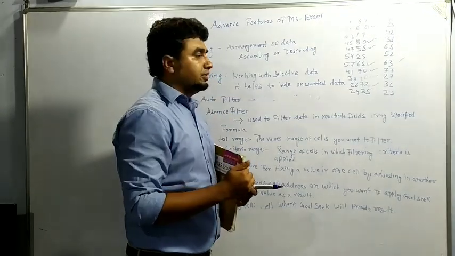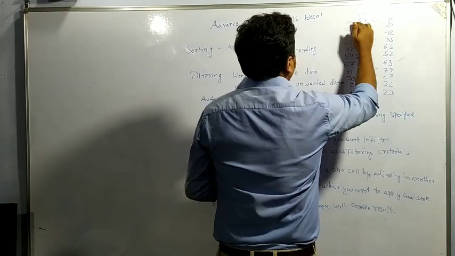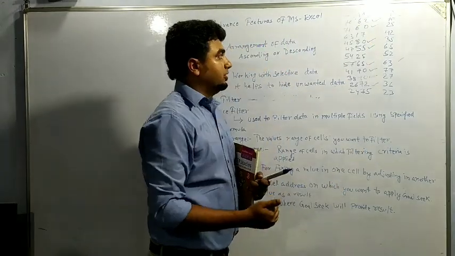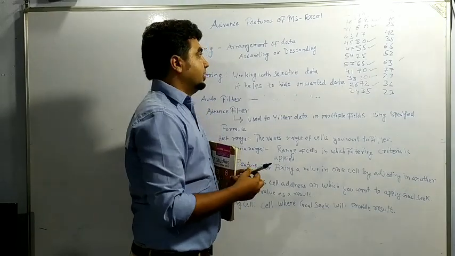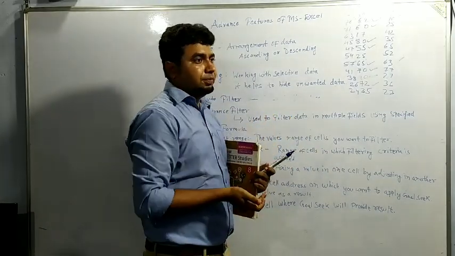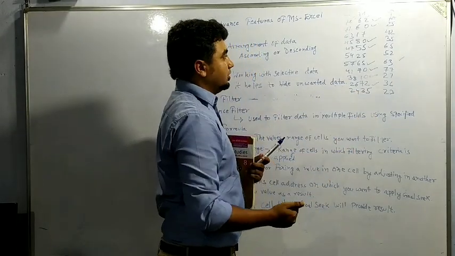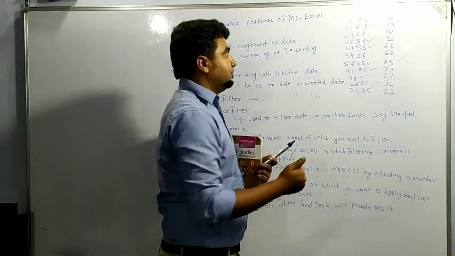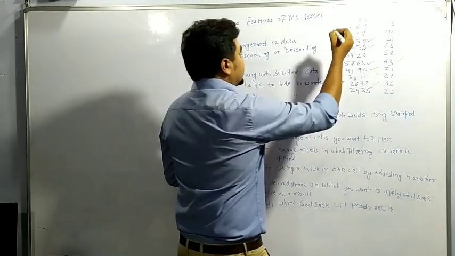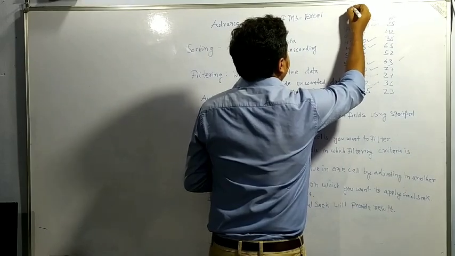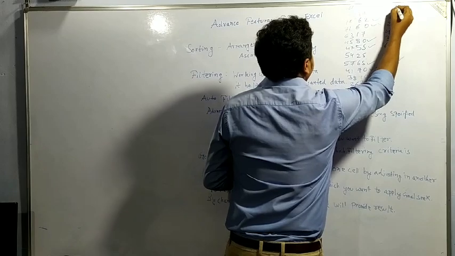Means we are selecting a group or range of data, selecting the ranges. I will be selecting the criteria. Suppose I select the criteria for computer as 40%, for maths only 35%, and for physics 40%.